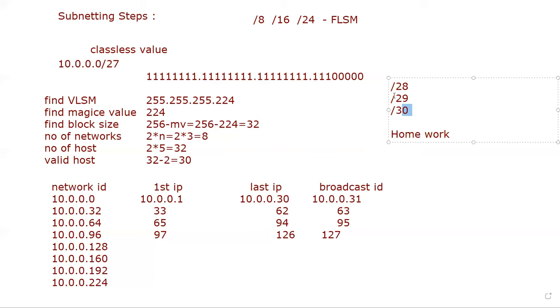Why did I tell you about /30? Because /31 is not usable. Why? I will show you. So /28, 29 and 30 is your homework. I'm going to show you about /31 that is not able to be solved.